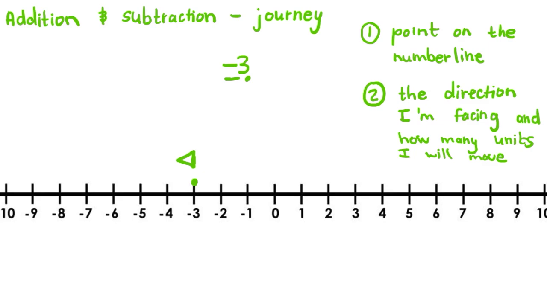Now, the challenge here, students, is that we don't have an operation and a number in front of -3. So we know we are looking to the negative side. Our body is facing the negative side. We know we are going to move 3 steps, but we don't know if we are moving forwards or backwards. That is information that this integer alone cannot tell us.